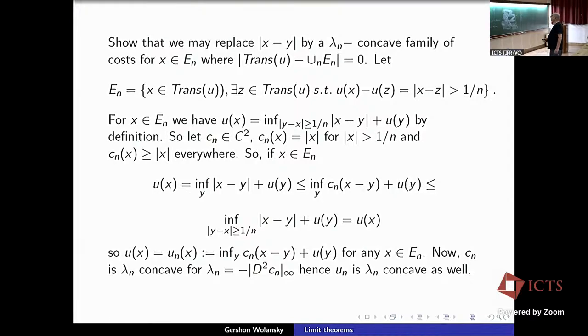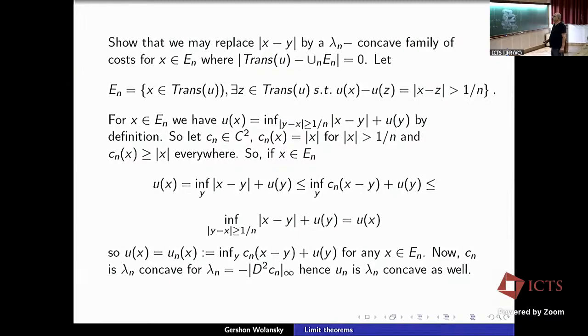And then, if we restrict the infimum to a smaller set, of course, we get something bigger. So we restrict it to |x minus y| bigger or equal to 1 over n, which we assume is just u(x). So what we have is that u is equal to u_n, which is a C_n concave function with respect to this quadratic cost.